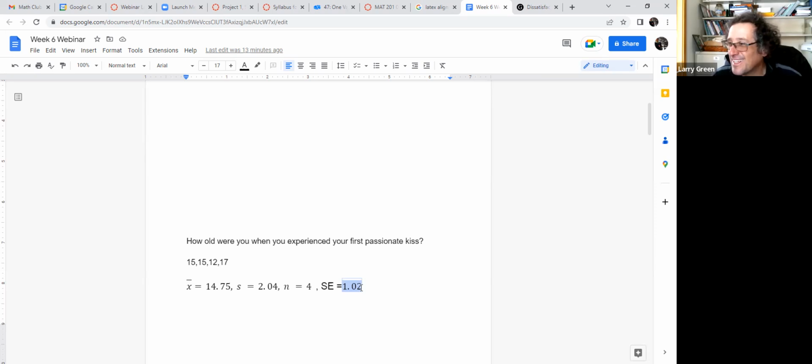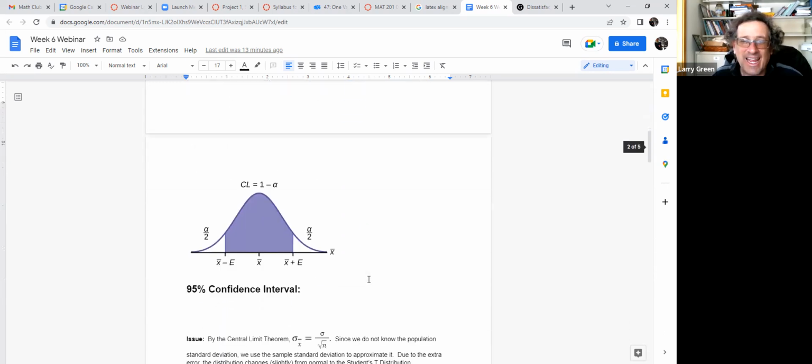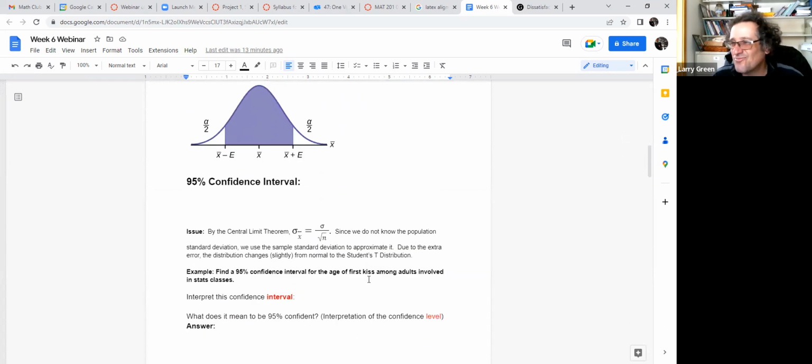It's all about beer, because the guy who figured it out was studying beer for a brewery and looking at confidence intervals for how good beer is, I guess. I don't know all the details, and realized that using the normal distribution didn't work. And he came up with a new distribution. He did 2 things. He worked for a brewery and he taught. So he named it after his students and called it the student's T distribution.